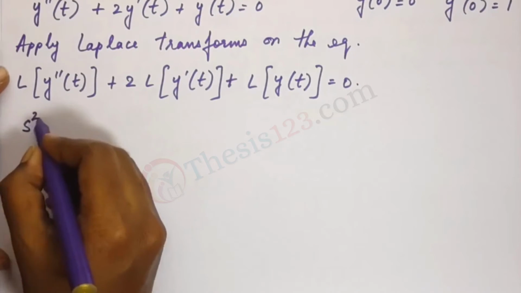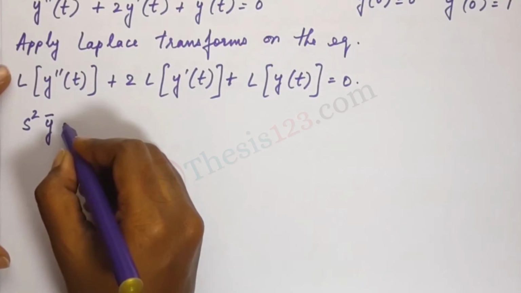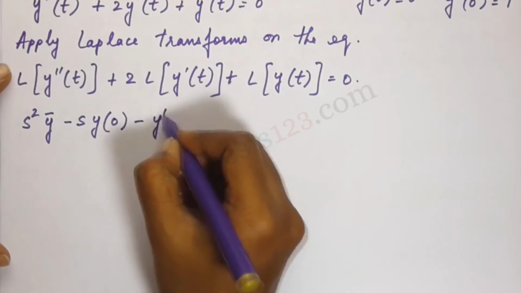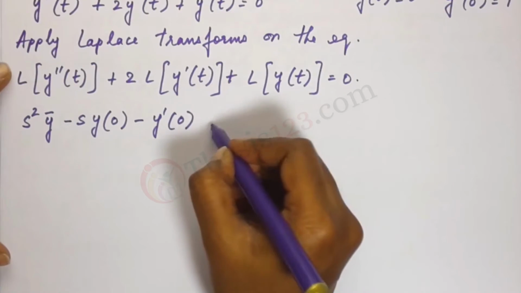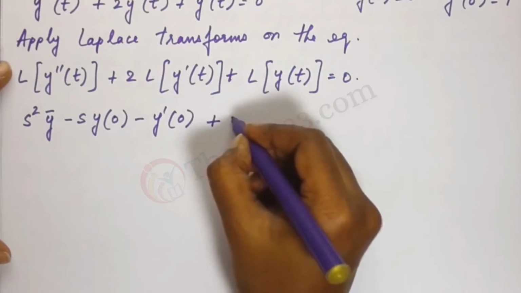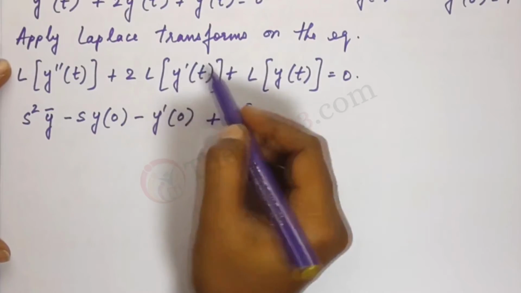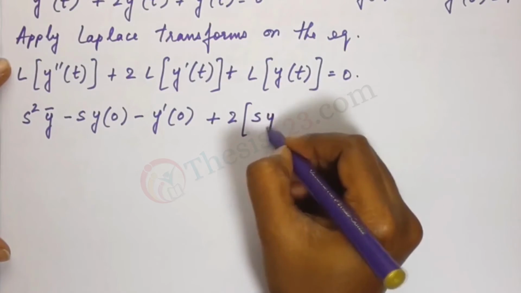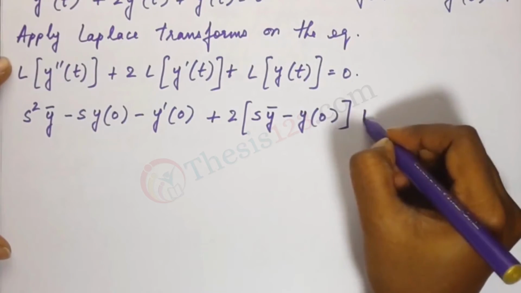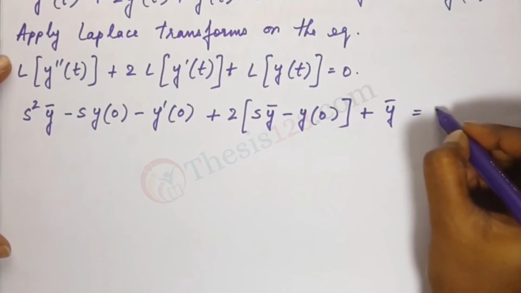So here we will have s square y bar minus s y of 0 minus y dash of 0 plus 2 into Laplace of y dash t, which is s y bar minus y of 0, plus Laplace of y of t, which is y bar.